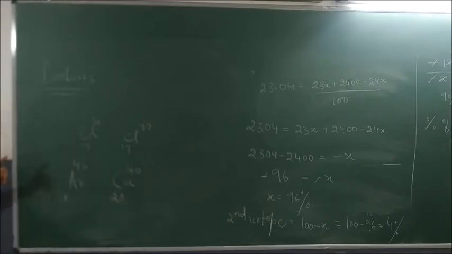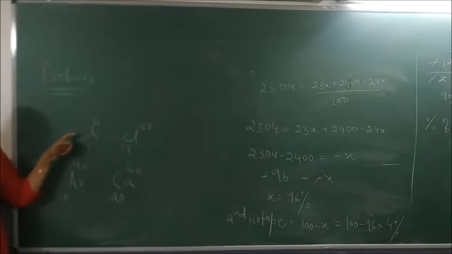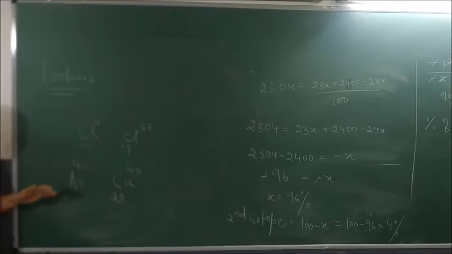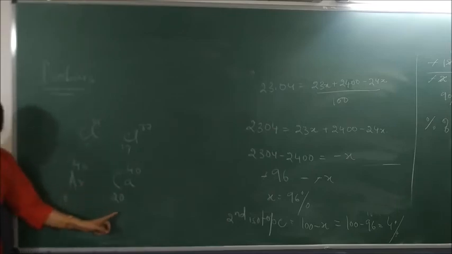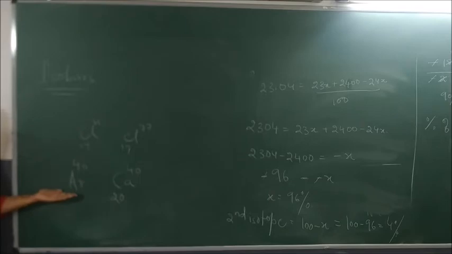Difference clear? What was this? The same element having the same atomic number but different atomic mass. What is this? Different elements having different atomic numbers but the same atomic mass are called isobars. Fine? Right.